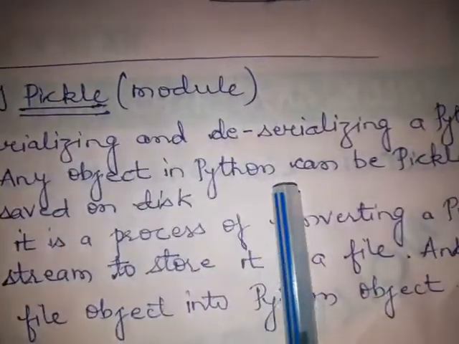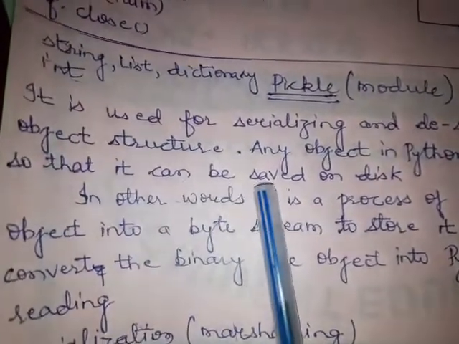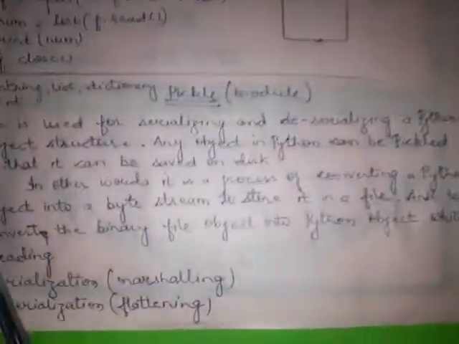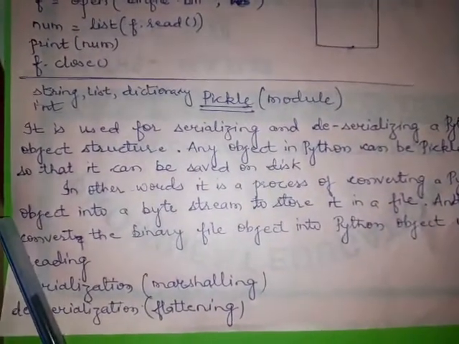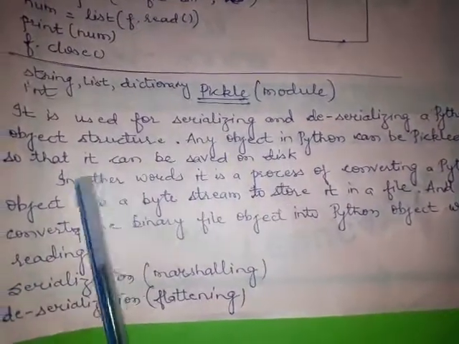Any object in Python can be pickled so that it can be saved on the disk. By the pickle method, you can convert any Python object so that it can be stored in a file. Saved on the disk means stored in a file.